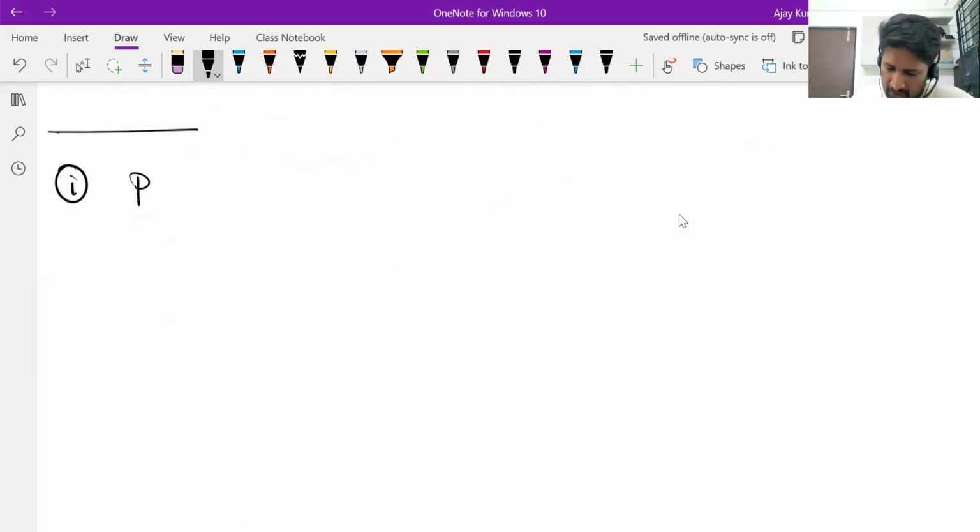Can one of you tell me how to express linear momentum of a system? What's the basic formula for linear momentum? MV, linear momentum is MV.